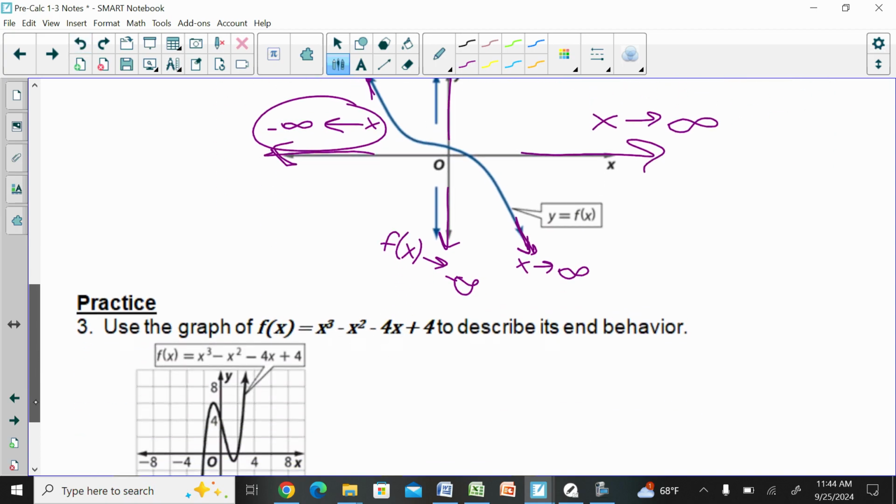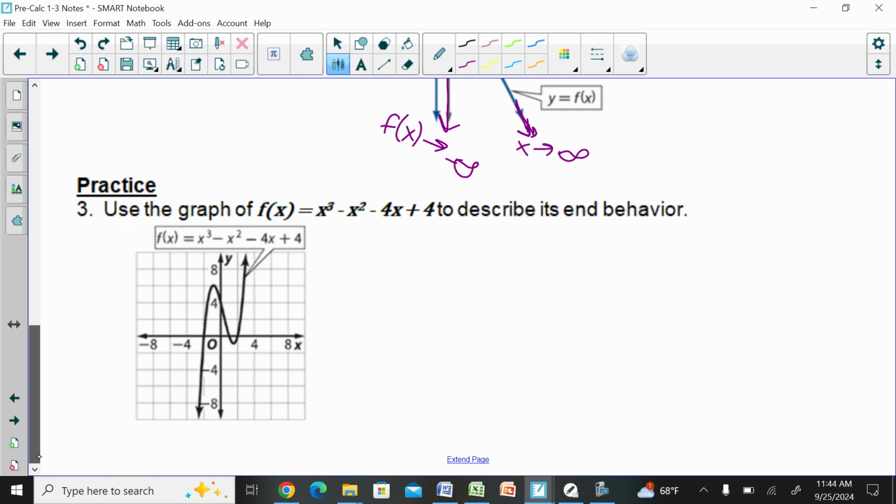So let's do one practice problem to talk about it here. Let's look at this graph here, x cubed minus x squared minus 4x plus 4, and talk about end behavior. So we talk about the left end first. As x keeps going left, what's happening? It's going down.